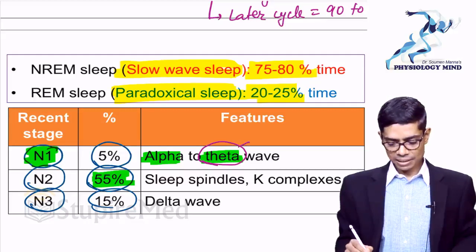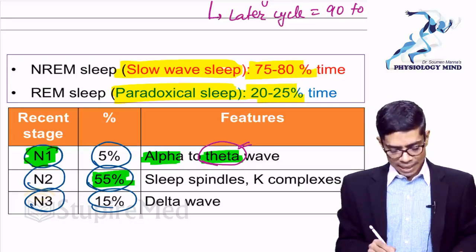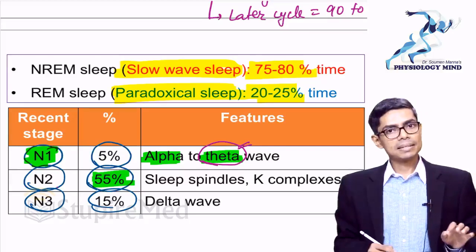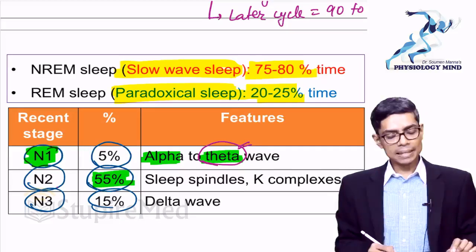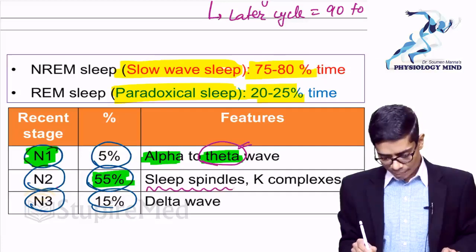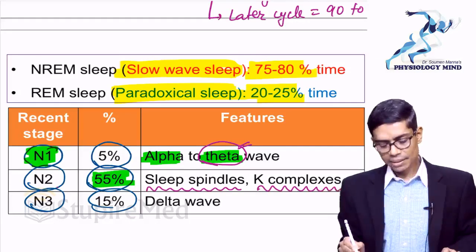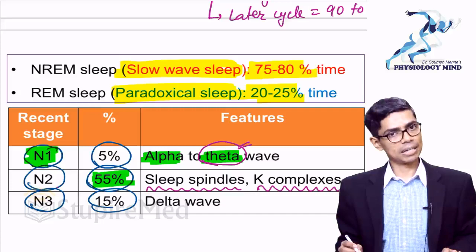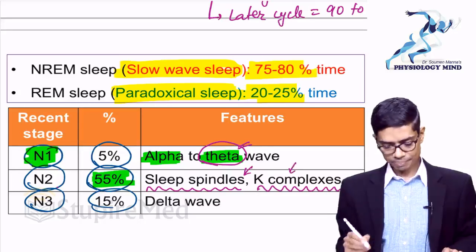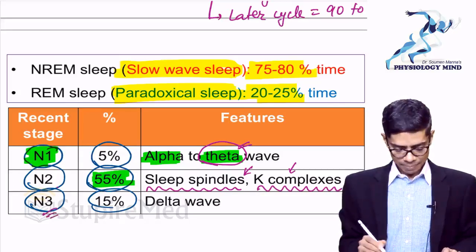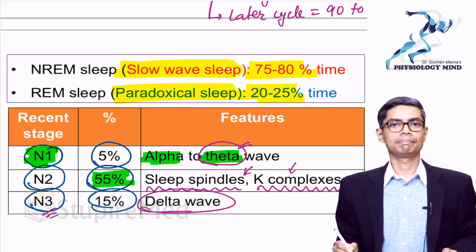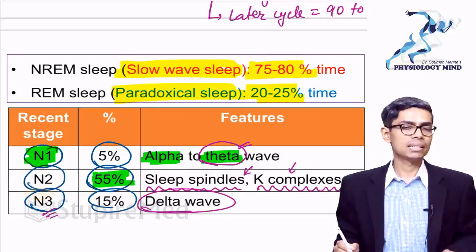So theta is the single best answer. Then N2 is determined by sleep spindle and K complex detection in the EEG recording. What is that? We are coming there. And N3 is detected by identifying the delta waves.